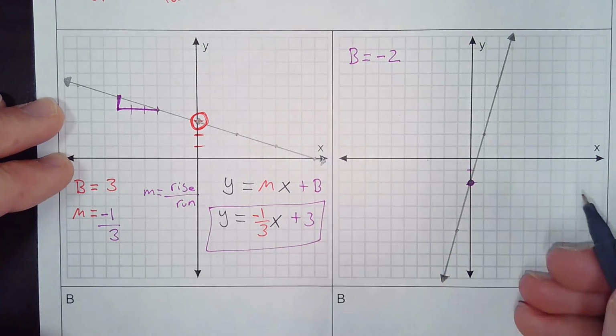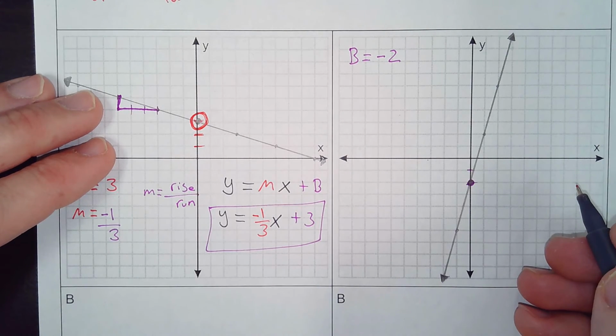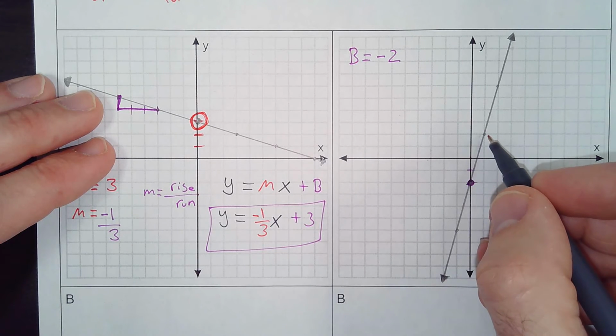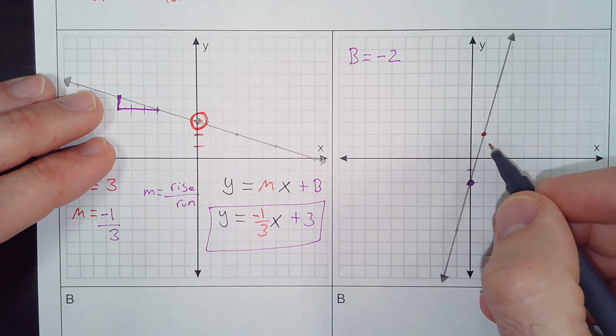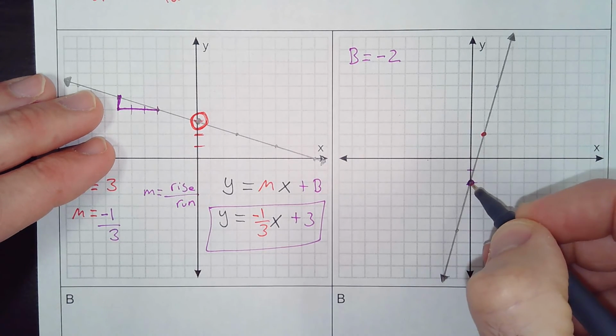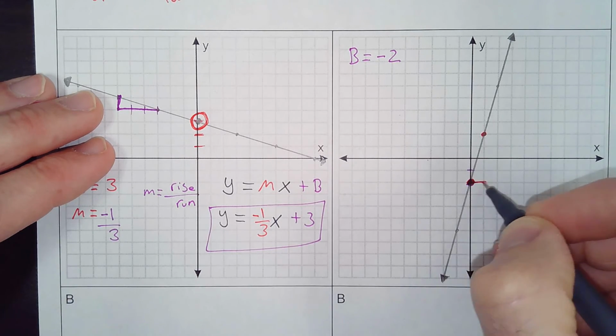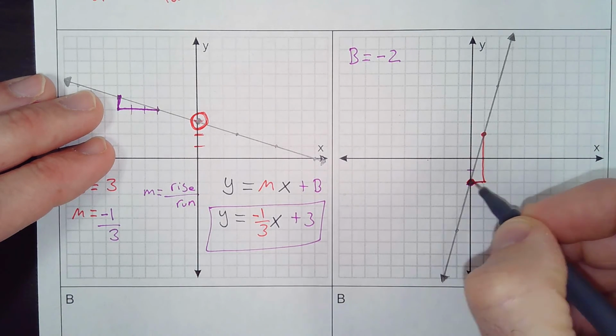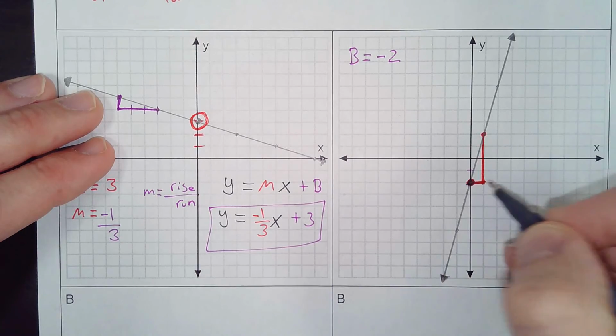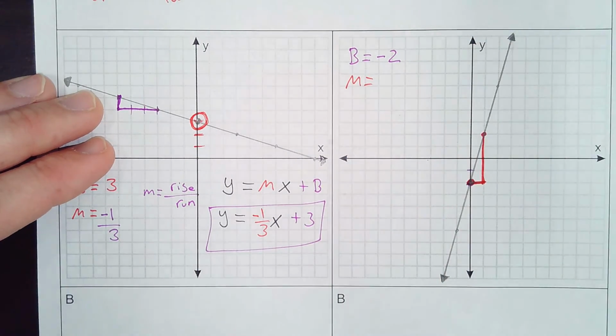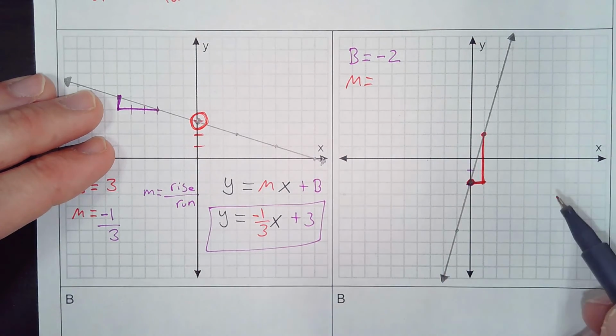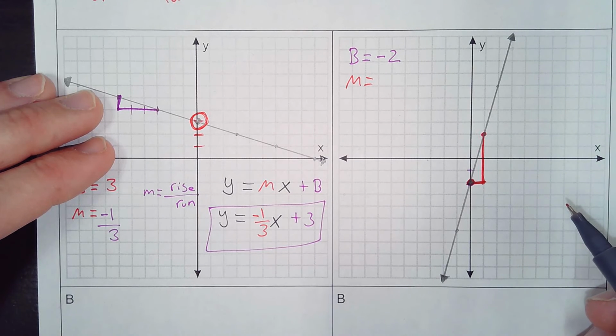Now I need to draw a slope triangle. Find two points on the graph where it goes directly through the corners. So right here, not through a corner, not through a corner, not through a corner, and our y-intercept. Make a triangle out of it. M equals, so remember rise over run.